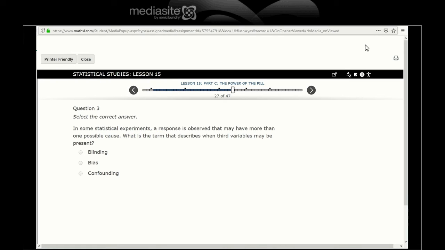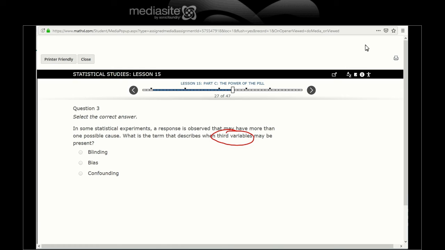So let's see, in some statistical experiments, a response is observed that may have more than one possible cause. What is the term that describes when third variables may be present? Well, that goes back to the last preview when we talked about confounding, and emphasized the third variable.